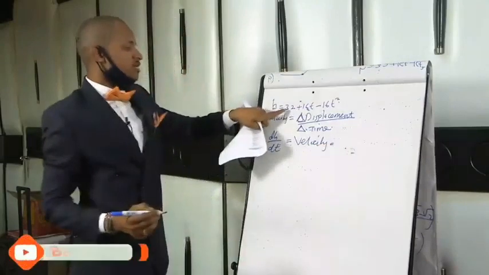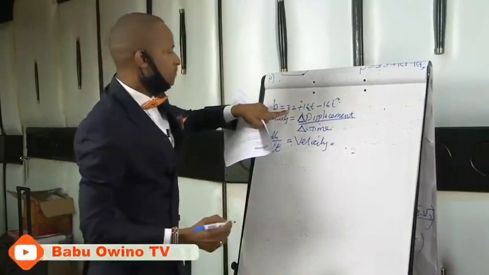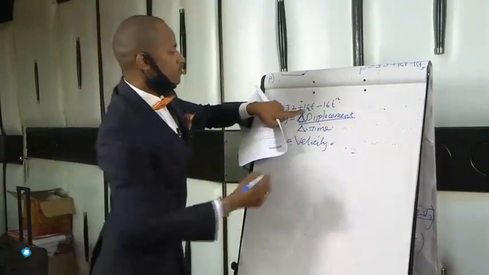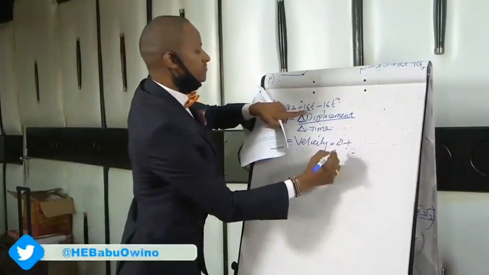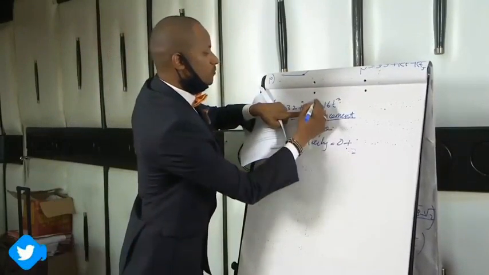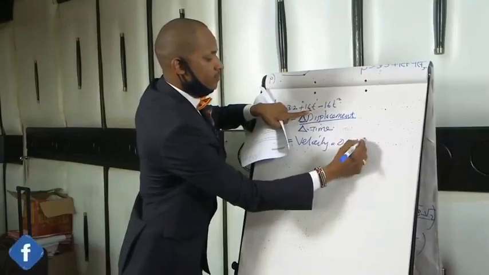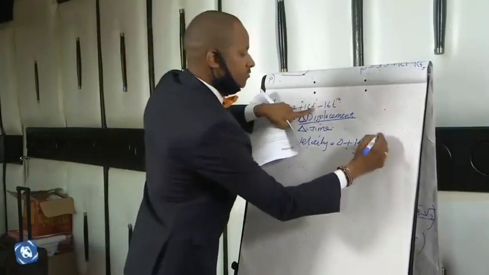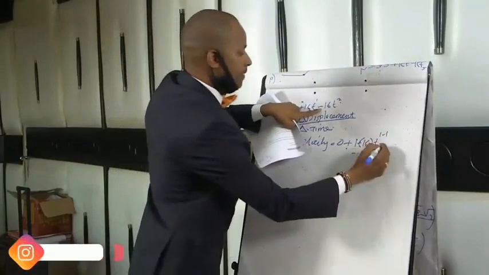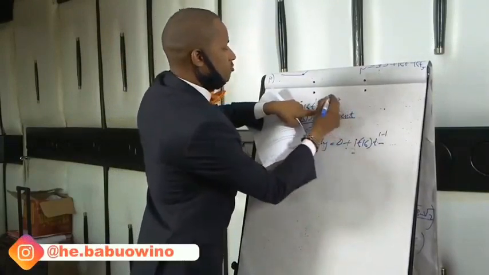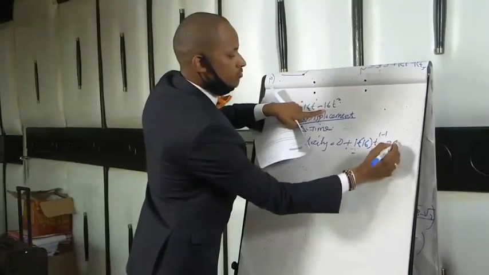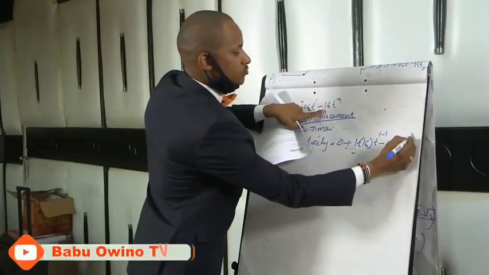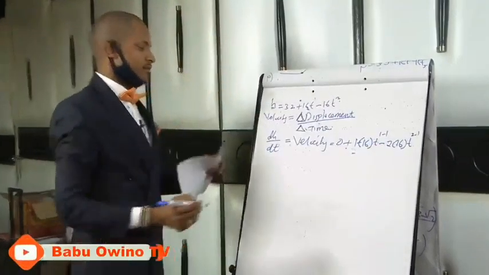When you differentiate 32, you get 0, plus when you differentiate 16t, you drop 1 down, that is 1 into 16 times t to the power 1 minus 1, minus, you drop 2 down, that is 2 into 16t to the power 2 minus 1, you subtract 1.